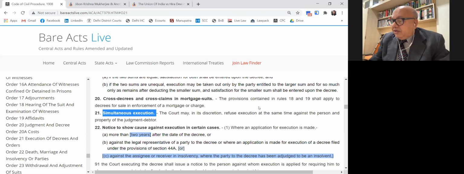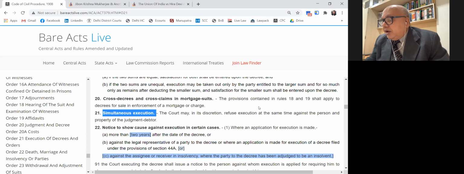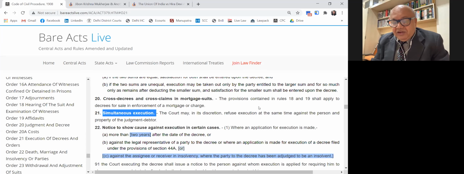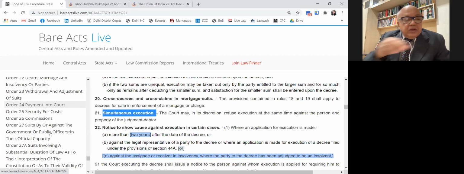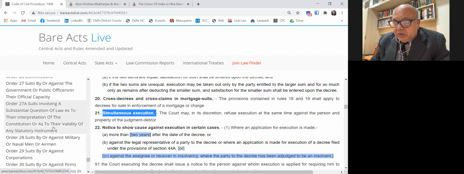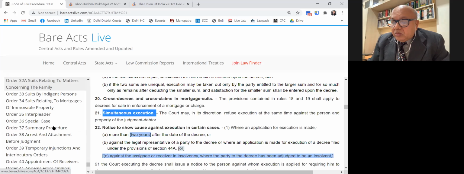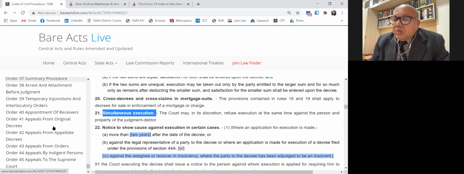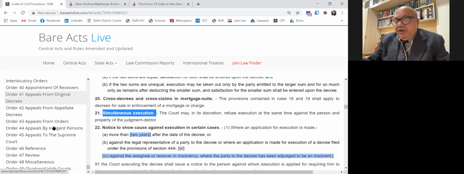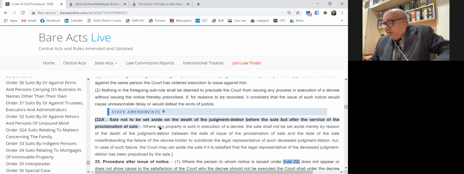Then there is some provision in the appeal where a stay can be granted. I will take you to that here. एक minute. Stay of execution. Then Order 21 Rule 59, check करें Mansi.